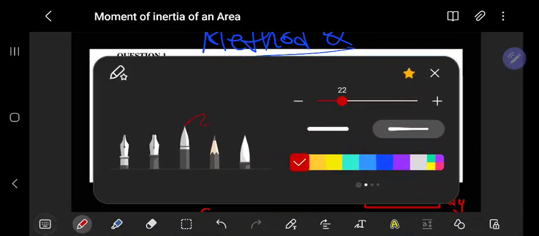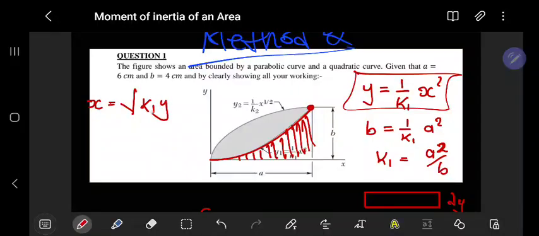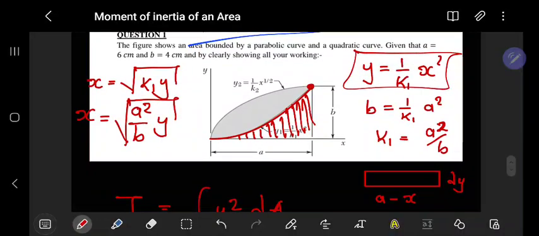It's something that we did in the previous step. We determined also what x was, so we just write x as the subject of the formula for this expression, and x will be equal to the square root of k1 y. But we know the expression for k1, we'll plug that in. We get the square root of a squared over b and then y. So we'll need those later.